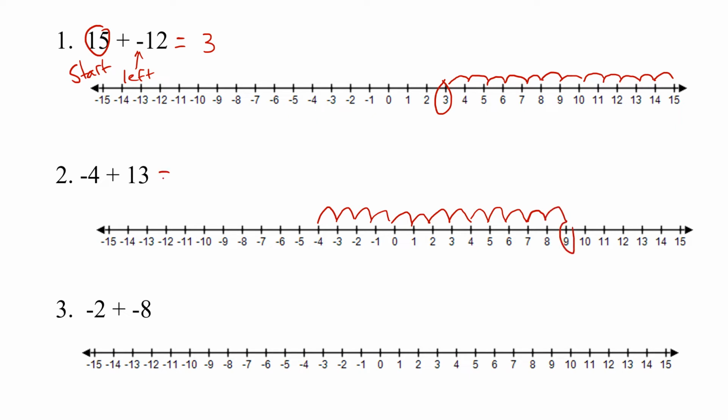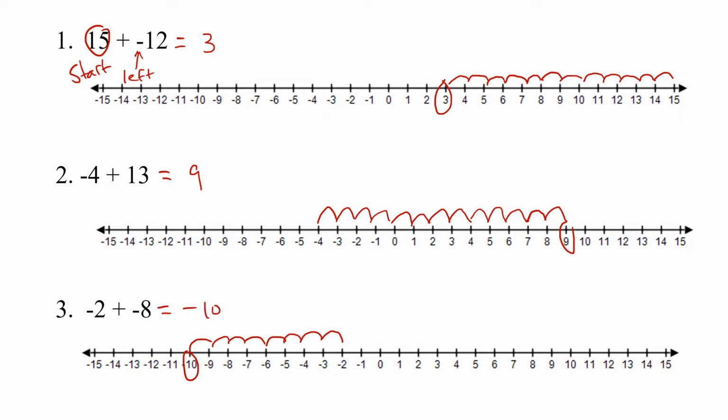So -4 plus 13 is 9. And now -2 plus -8. So I'm starting on -2, and then I'm going 8 in the negative direction. 1, 2, 3, 4, 5, 6, 7, 8. And I get to -10.